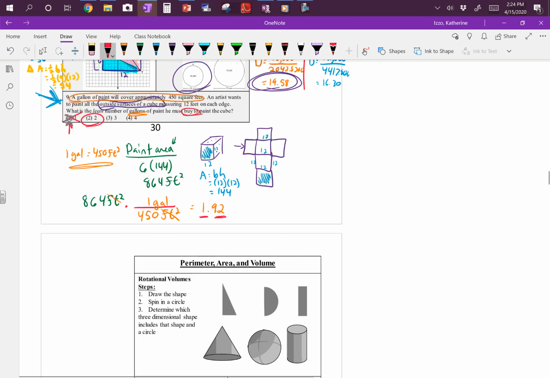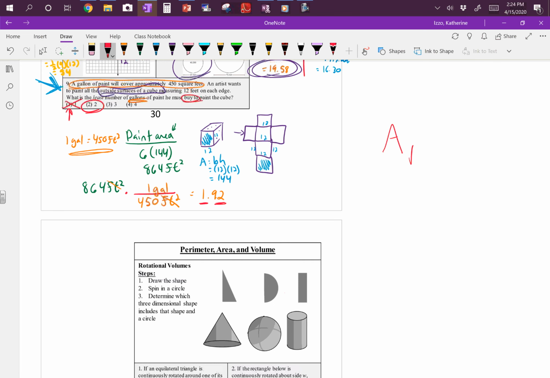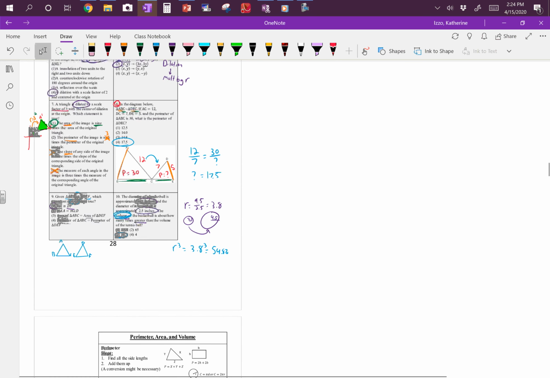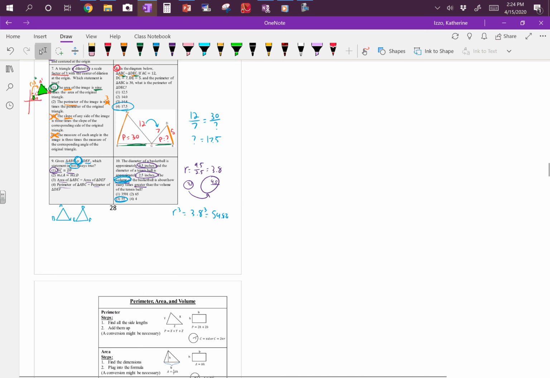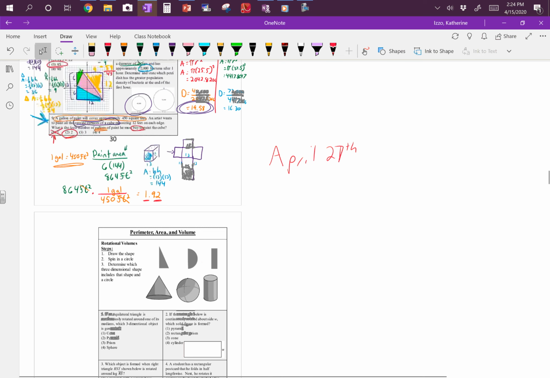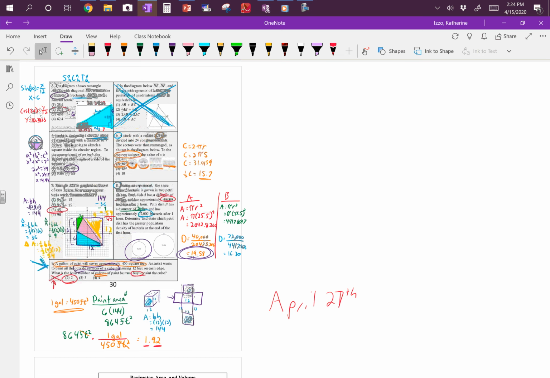April 27th is your new due date, and I will then do a video on April 27th about how to do your pictures so that you can send me all of this good stuff so that you can get credit. Although for the most part, I'm not going to nitpick every detail anymore. I'm going to be doing a, if you participate and if you try, you'll get a good grade. Seems better. I'm getting really lazy.